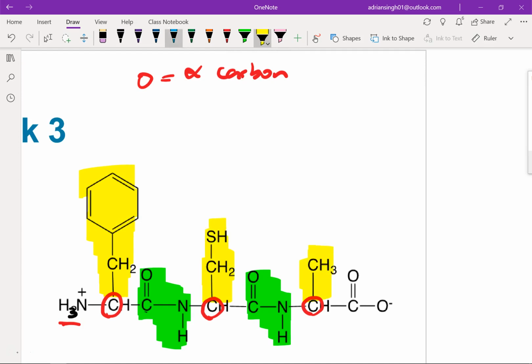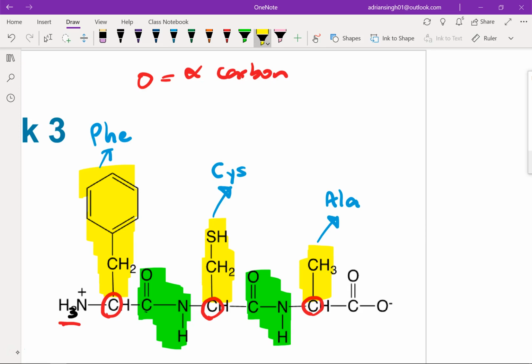Our first amino acid here is phenylalanine, PHE. This R group is for cysteine, CYS, and this R group here, which is just a methyl group, is for alanine, ALA. When you identify the amino acids, you have to go through it systematically, and what can help you do that is to locate the alpha carbon.